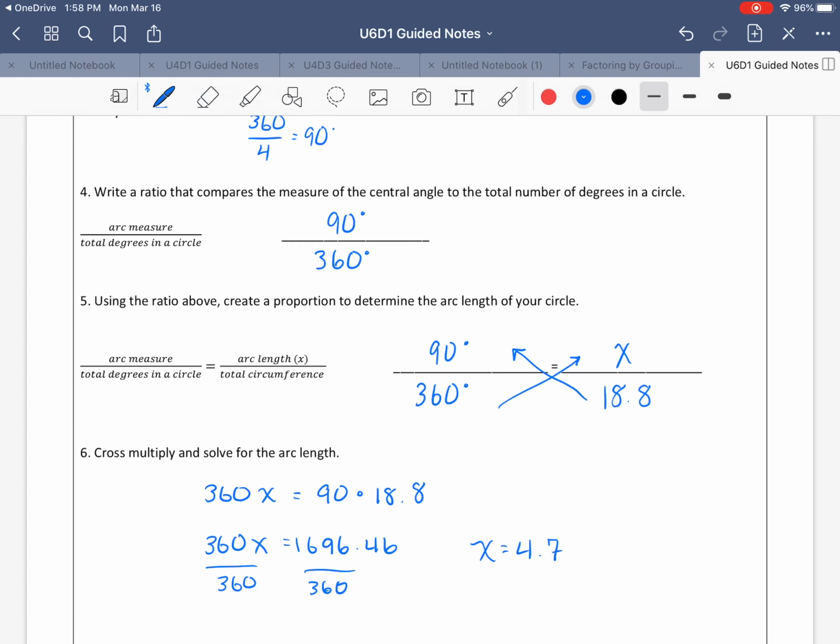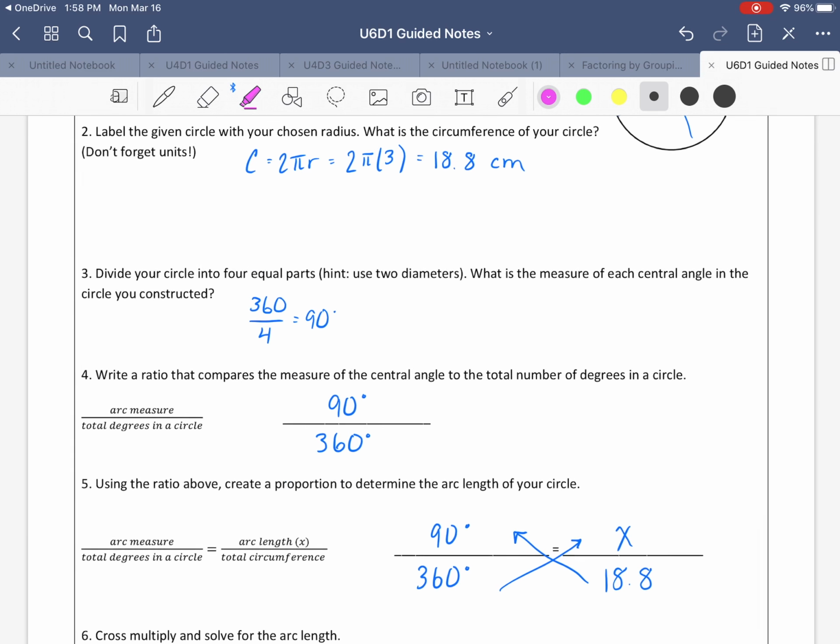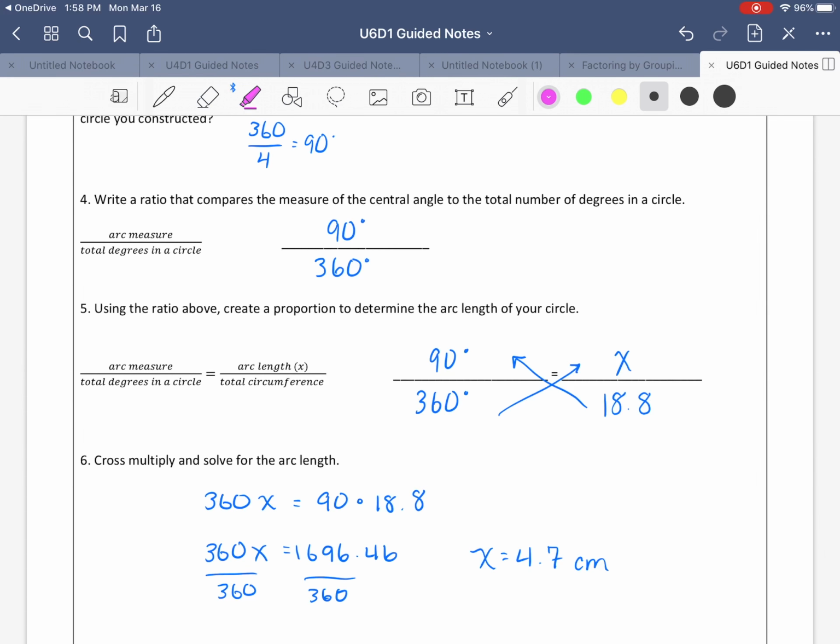And we get x to equal 4.7 centimeters. So the length of our arc, this distance here, is 4.7 centimeters.